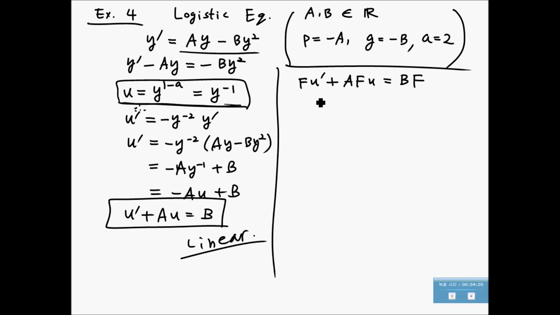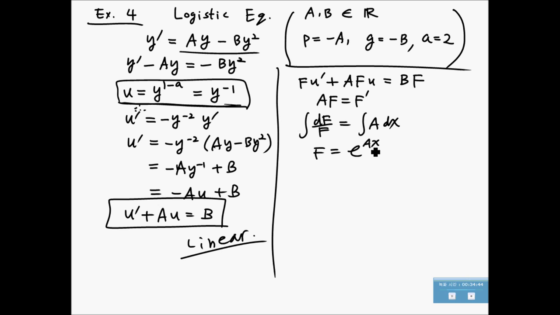So af equals f prime, so df over f is a dx. So f is e to the ax.